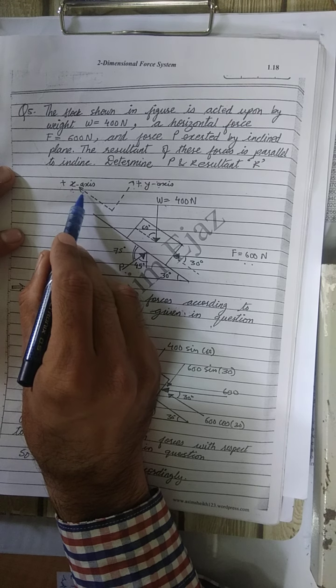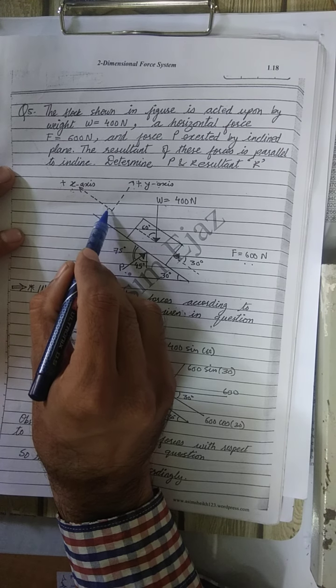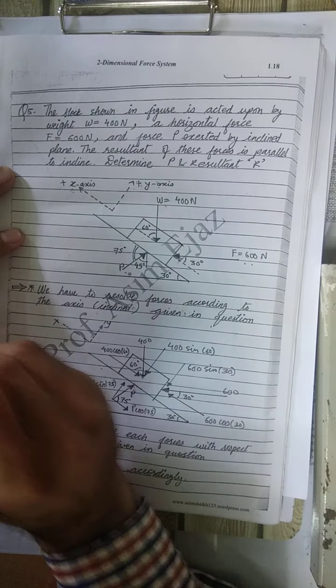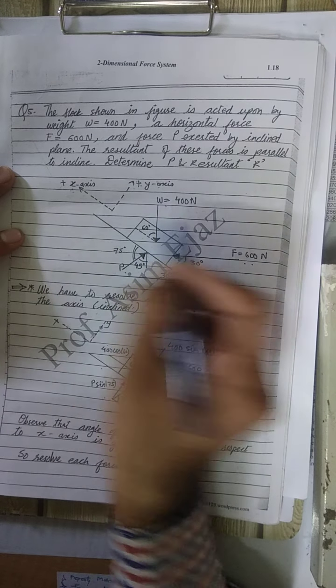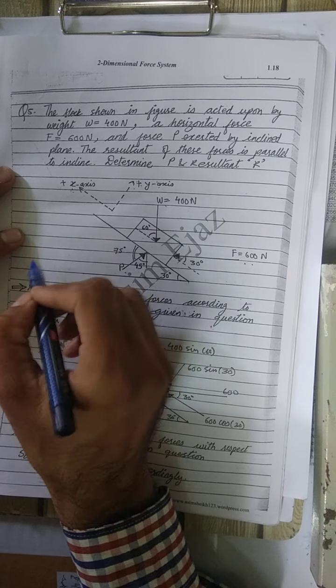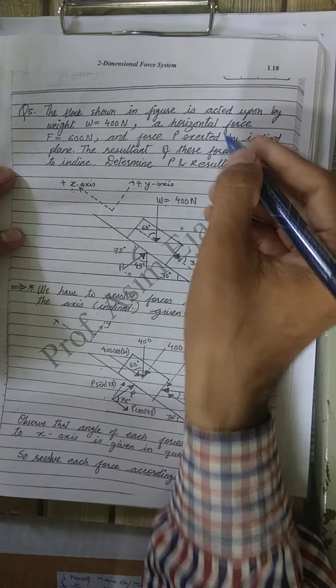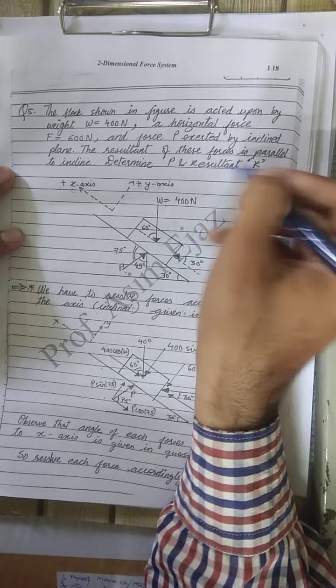Here it has been resolved along the given directions, x and y. If it is not given in the question, then we can resolve all the forces along the normal direction, that is, the x and y axes.